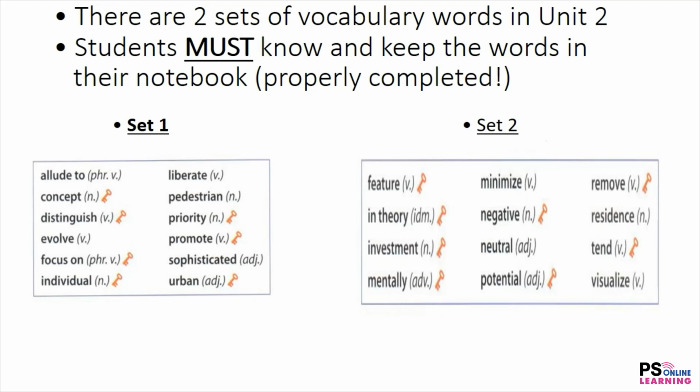Evolve. I hope you already know what evolve means. Being that you're an M4, evolve means changing, growing through, whether it is years, months, days. Okay, evolve. You have a growth, different.